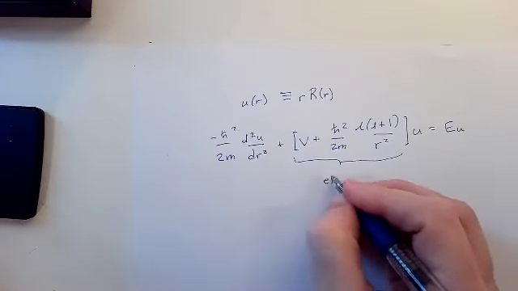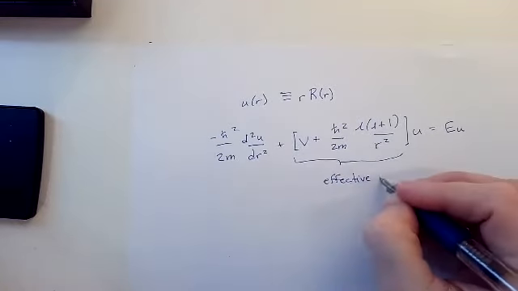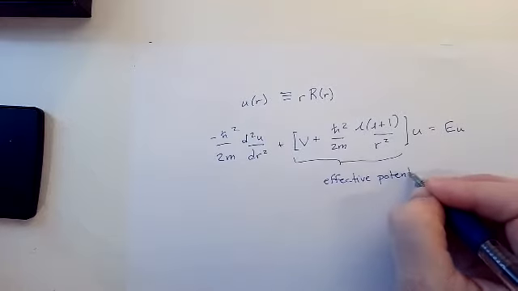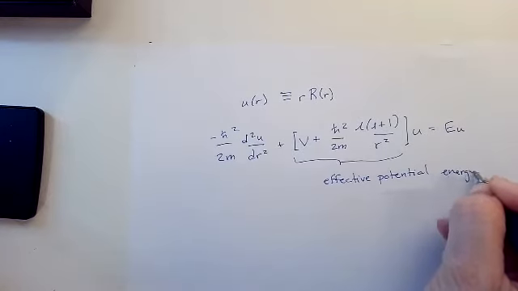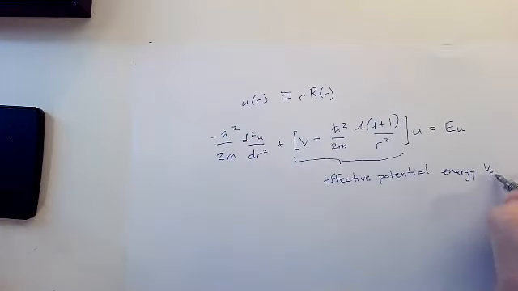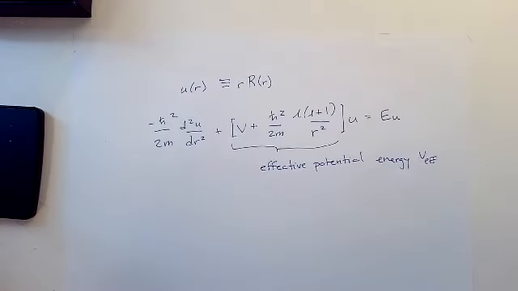This is what we might call our effective potential energy. So we'll give it a little EFF as our effective potential energy there on the bottom, right? Otherwise it's pretty identical to the one-dimensional Schrodinger equation.